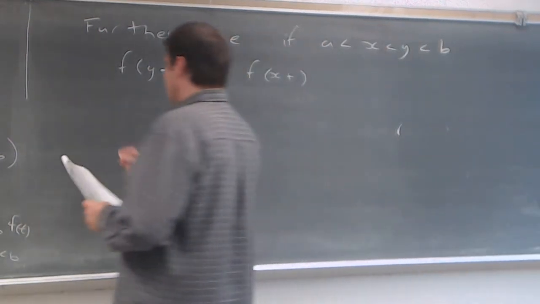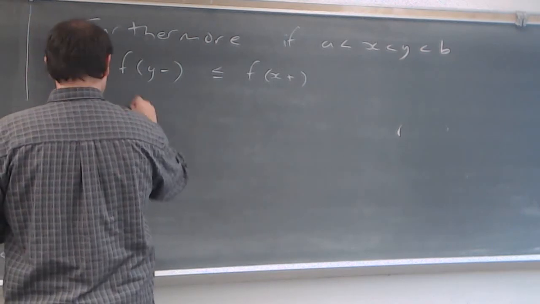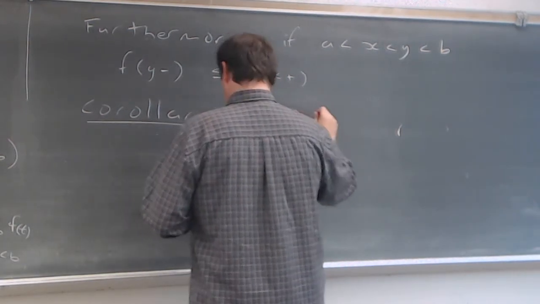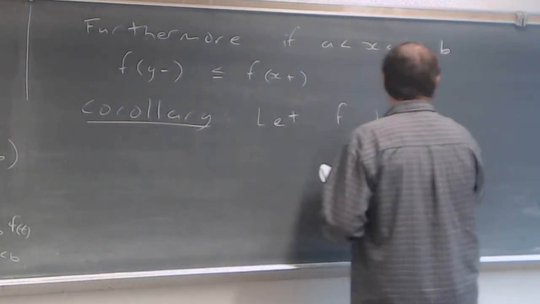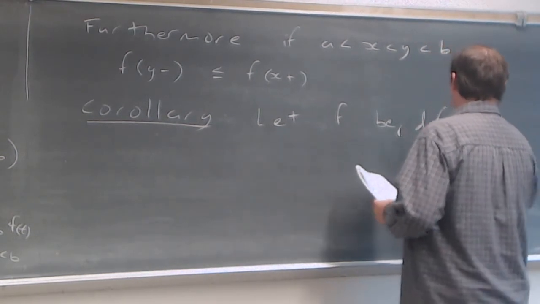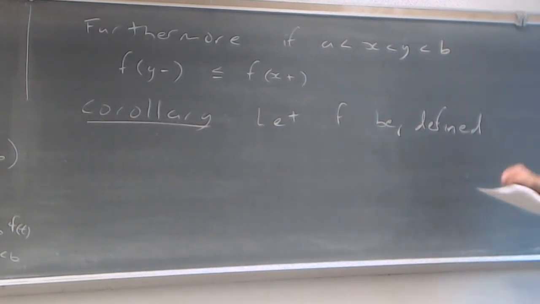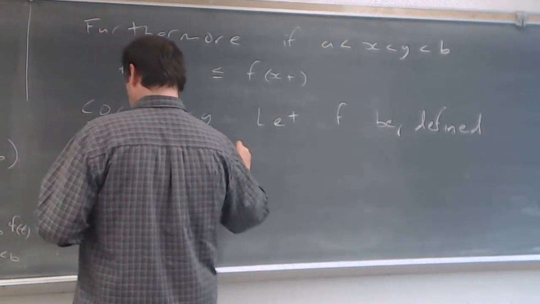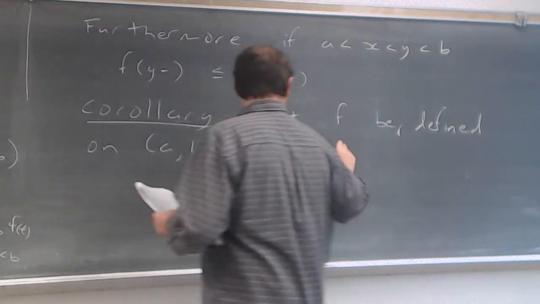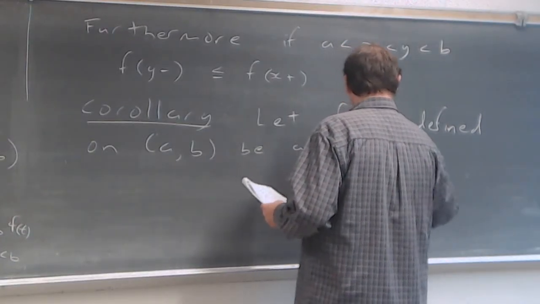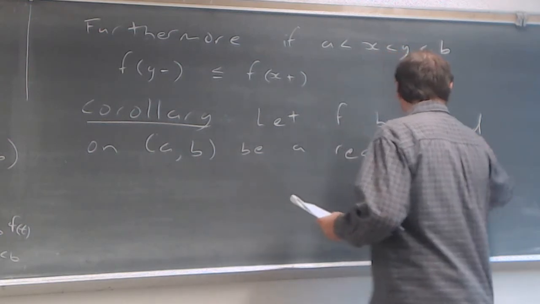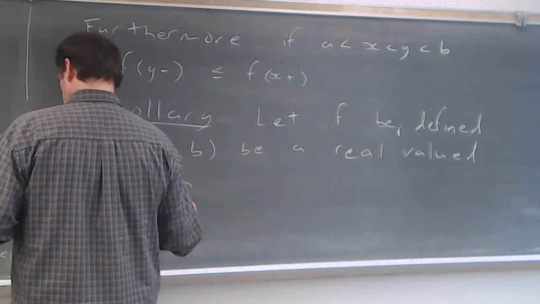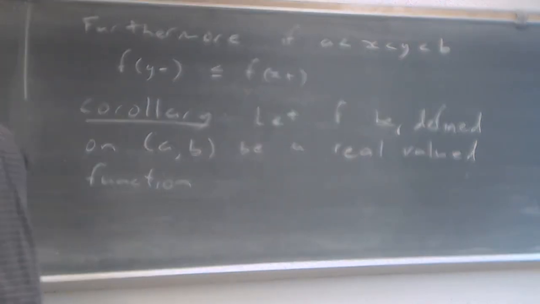As a corollary to these two theorems, it says, let f be defined on a to b, be a real valued function, not only real valued function, but we're going to say monotone.